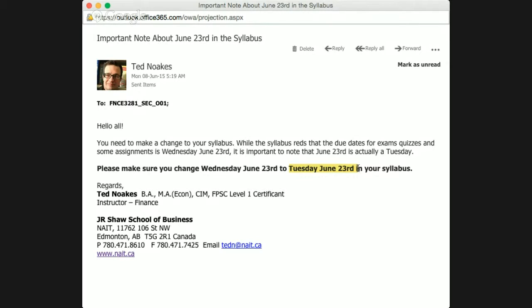So the course ends on Tuesday, June 23rd. That's when your final exam is going to be. That is when a lot of stuff you have due comes due. So make sure that you have that in there, that the 23rd is the day that you want to be aware of.